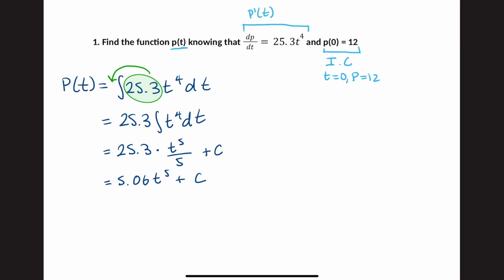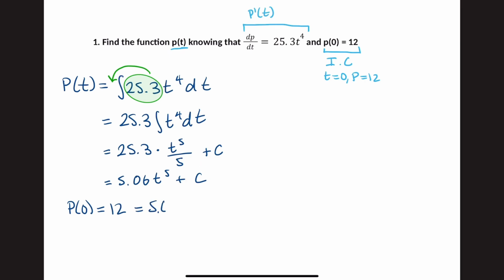We want to find the particular solution given our initial condition. So in order to do that, we can use this piece of information right here. We can say that p at 0 was equal to 12, and everywhere I see a t, I'm going to plug in a 0, and I'm going to solve for c.